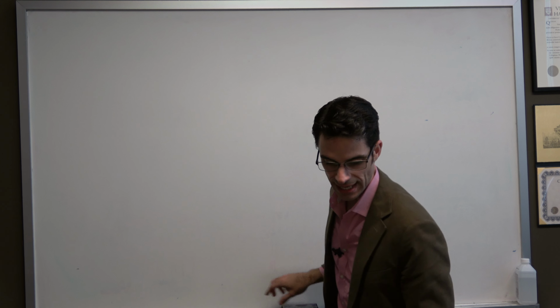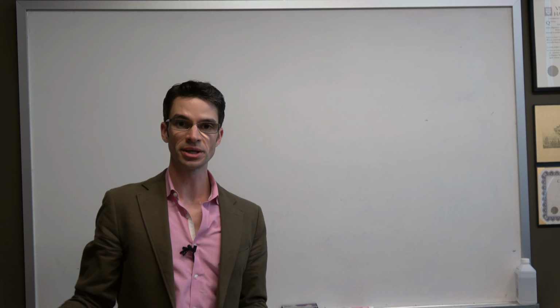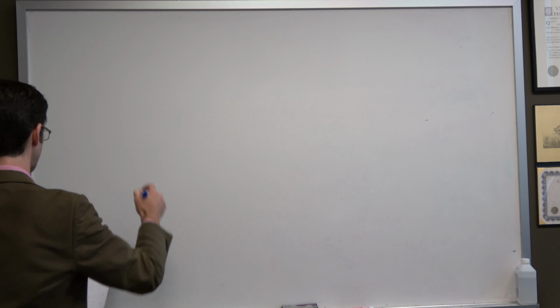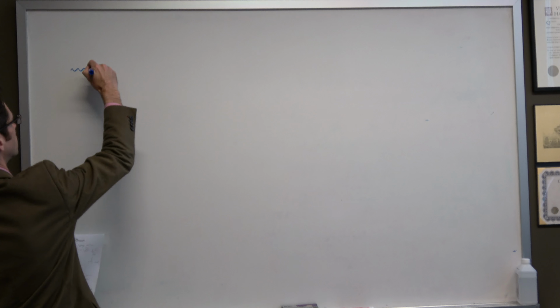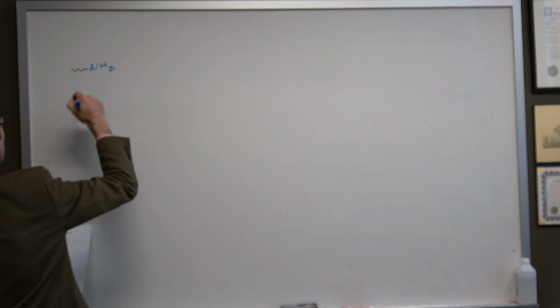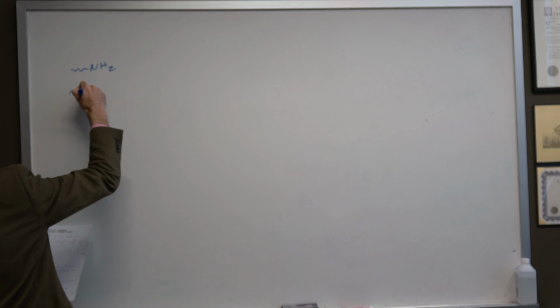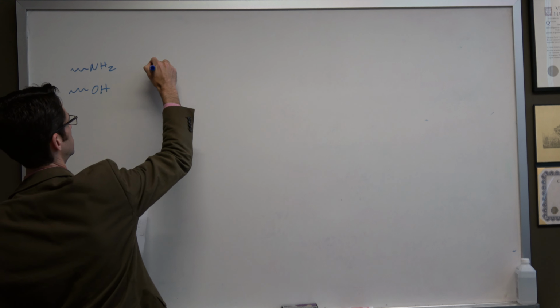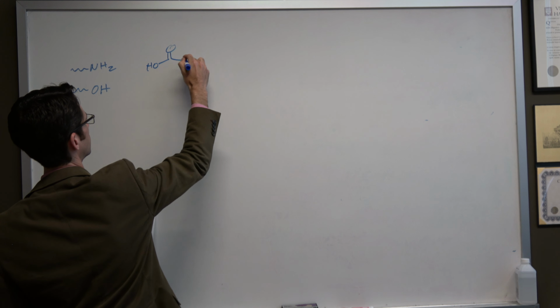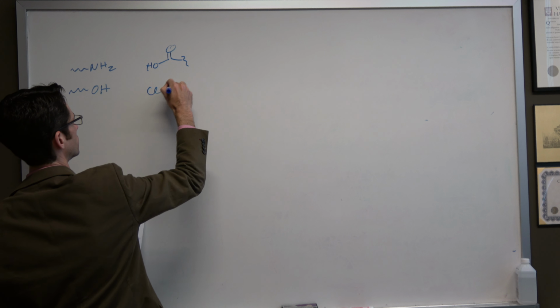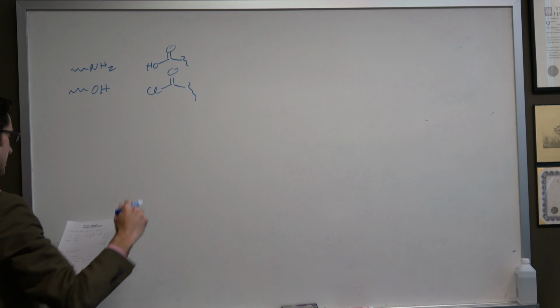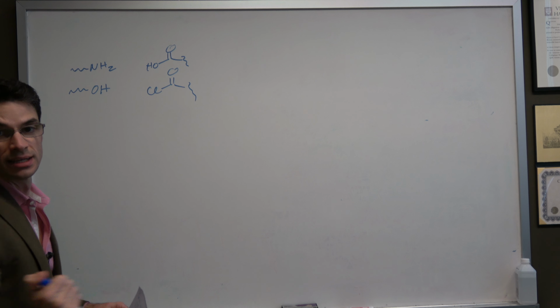The next question is asking for a bit more detail on what is happening between the nucleophiles and electrophiles in a polycondensation reaction. So this is an amine, this is an alcohol, this is a carboxylic acid, and this is an acid chloride.